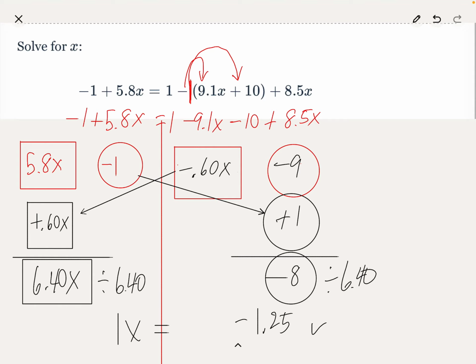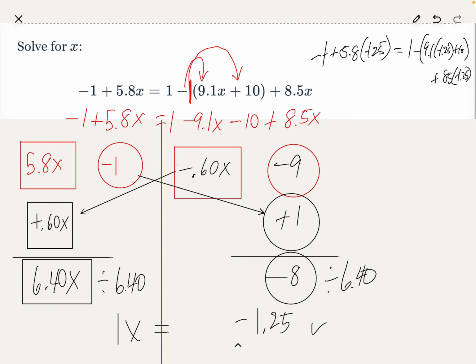Now, we would plug this in, and I think in this case, it would behoove us to plug it in. So let's see, we'll have a negative 1 plus 5.8 times a negative 1.25 equals 1 minus 9.1 times a negative 1.25 plus 10 plus 8.5 times a negative 1.25.